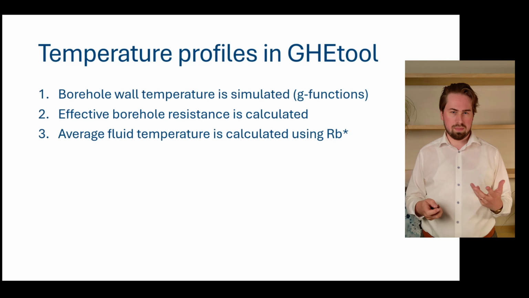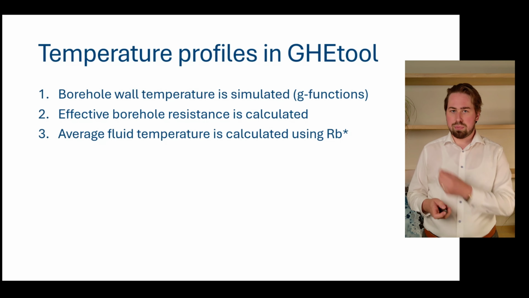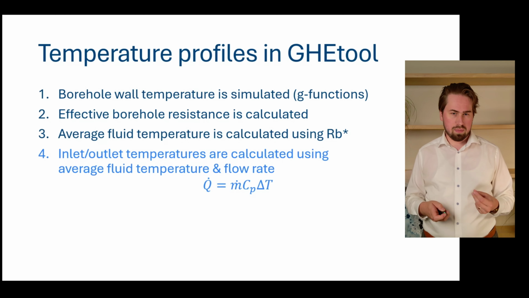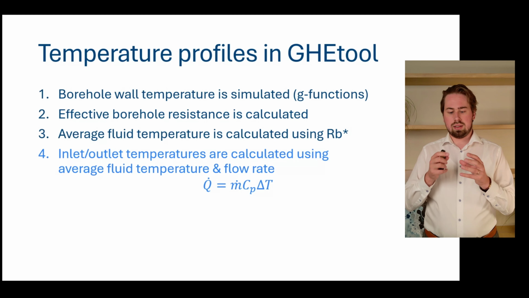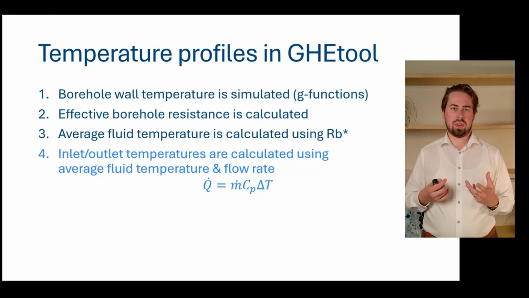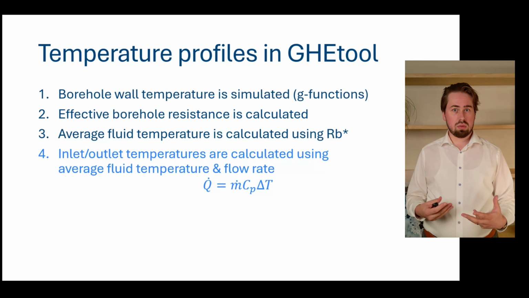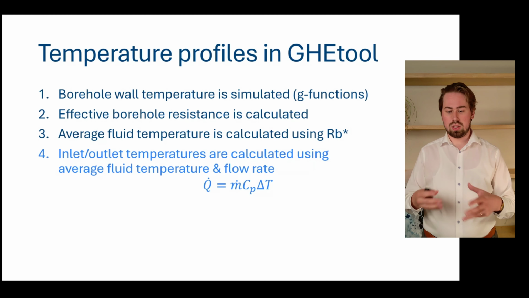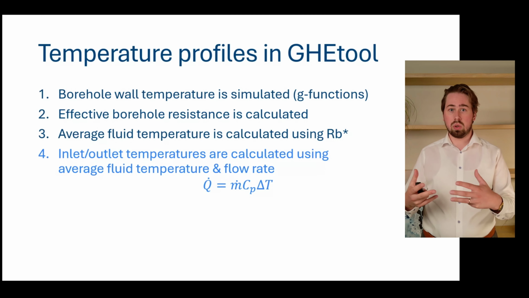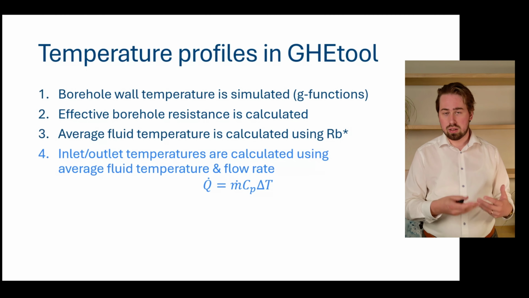But there is a further relationship we can now use. And that's that the inlet and the outlet temperature, we can also calculate this because we know the flow rate in your geothermal system. Either it's constant or you work with a variable flow rate inside of GHEtool.